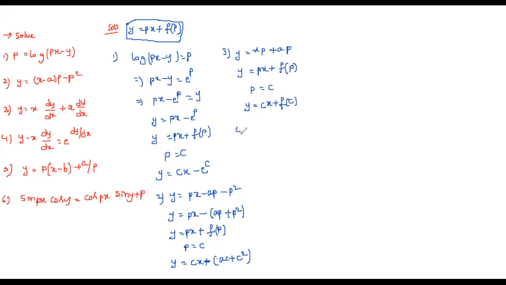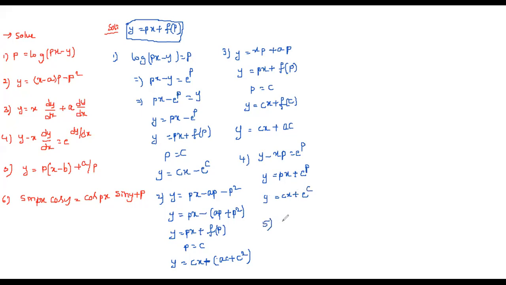We have to substitute c in f, and then the general solution is y is equal to cx plus ac. And next, fourth one, y minus x into p is equal to e power p. So y is equal to px plus e power p, and the general solution is nothing but substitute p is equal to c, then we get cx plus e power c. That is the fourth one.